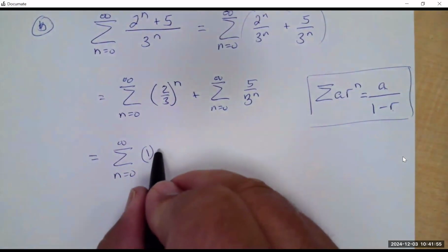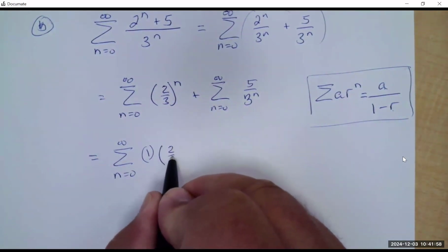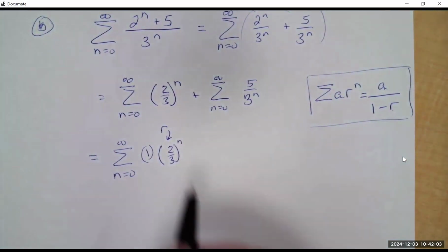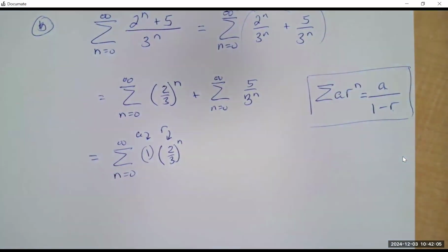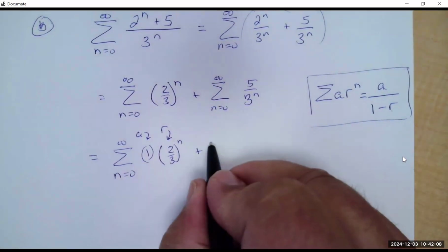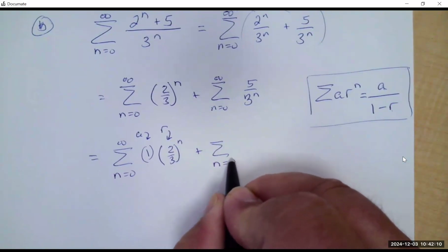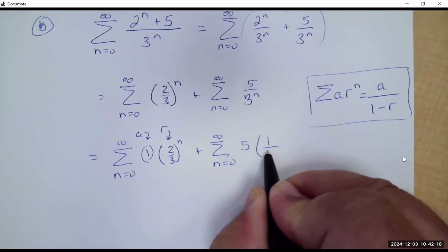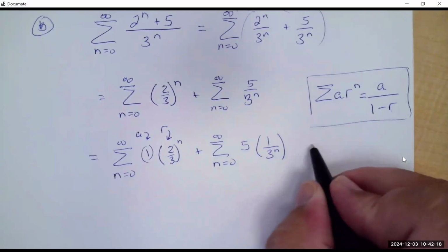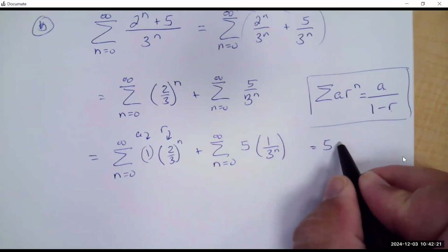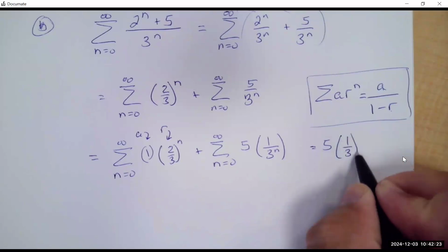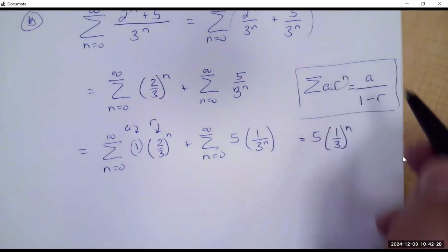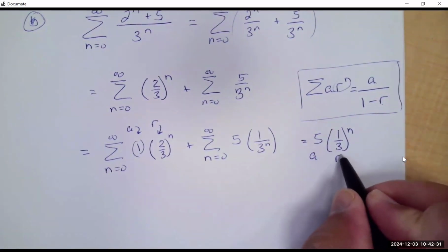A is 1. R is 2/3. How about in the second one? We get 5 times 1 over 3 to the power n, which becomes 5 times (1/3)^n. Remember, R has a power n. So that's my A and that's my R.